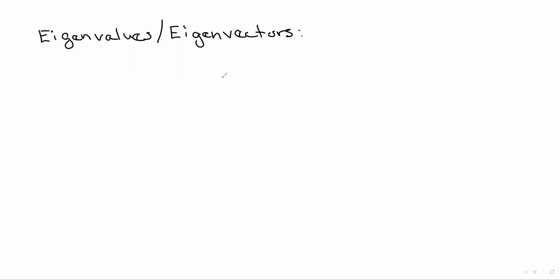All right, so eigenvalues and eigenvectors, this comes out of an interesting problem, and that problem is: when does a matrix times a vector equal a constant times a vector?